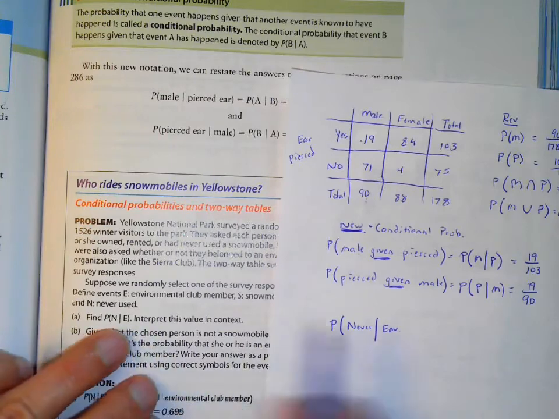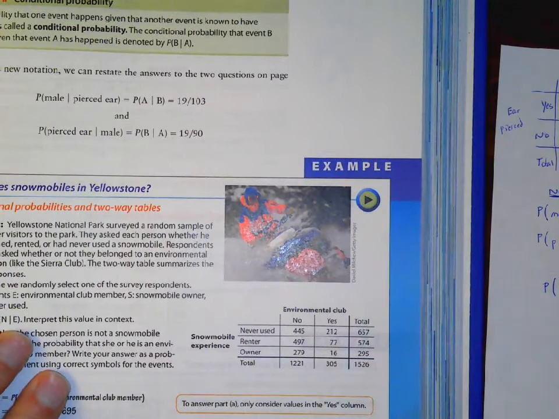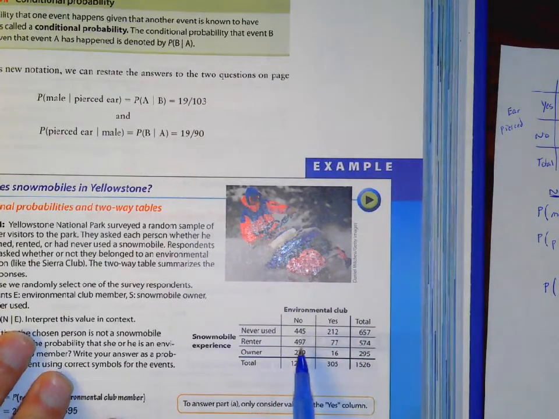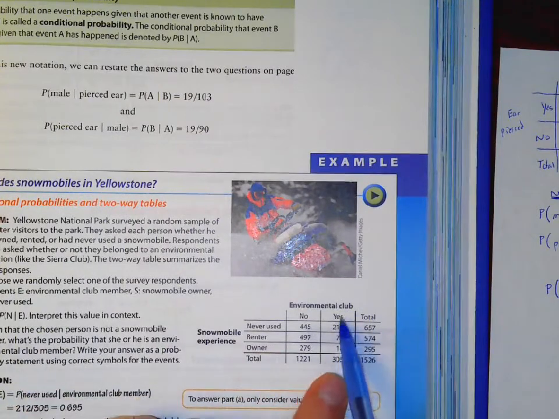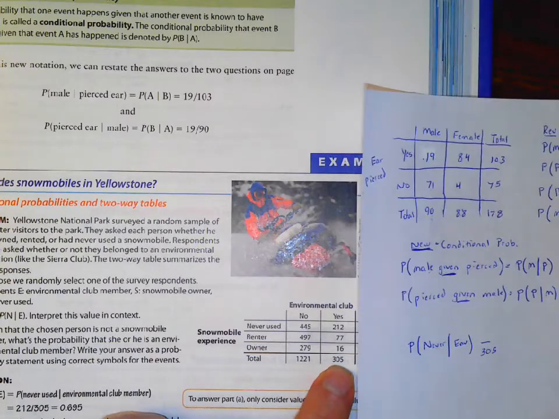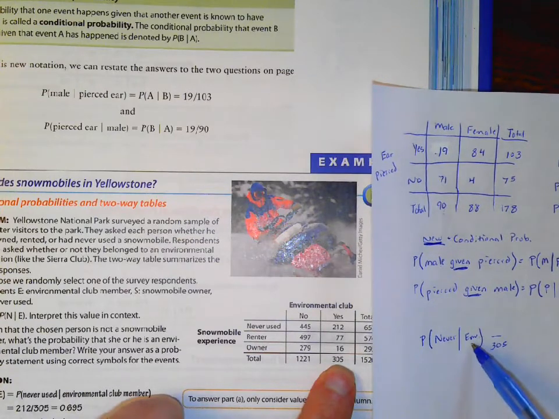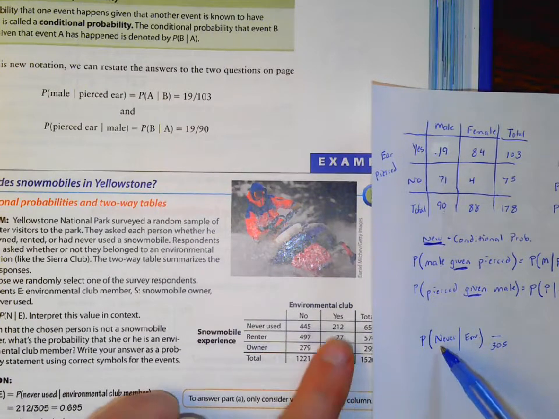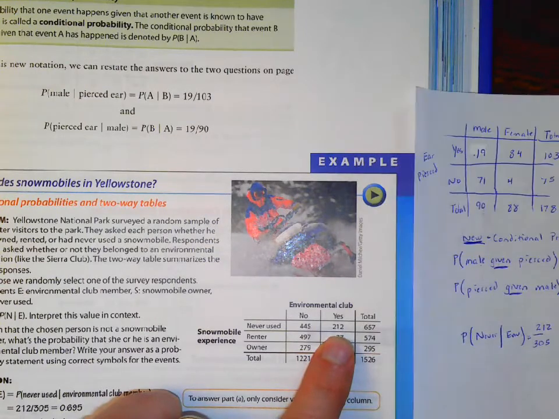We're given that they are part of an environmental club, so we're looking at these 305 people. My sample space is the 305 people. Now out of those 305 people, how many have never used? 212. So our probability would be 212 out of 305.